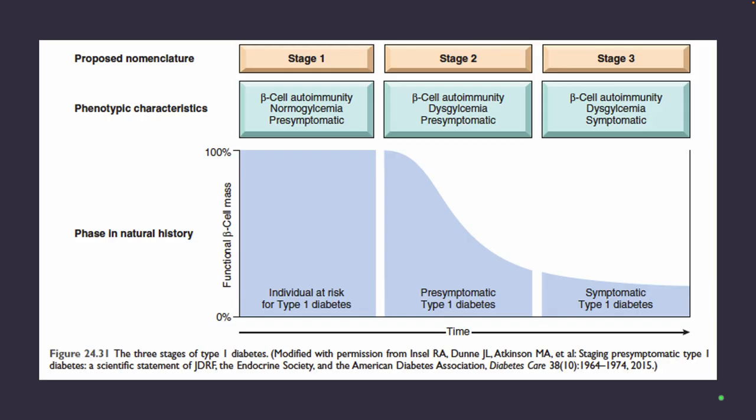So in Robbins, this is a good graph showing you the progression from stage 1 to stage 3. If you will notice dito, yung beta cell mass mo, meron ka ng decrease here at the stage 2, but have no symptoms pa at this point in time. It's only when around 90% na yung destroyed beta islet cells mo sa pancreas mo, tsaka ka lang nagkakaroon ng symptoms.